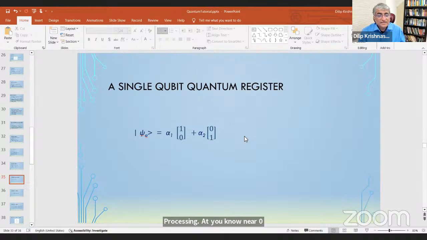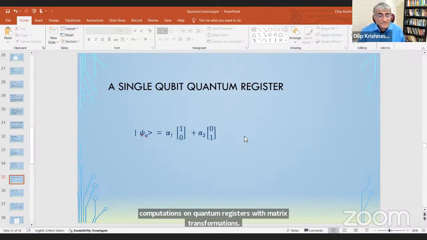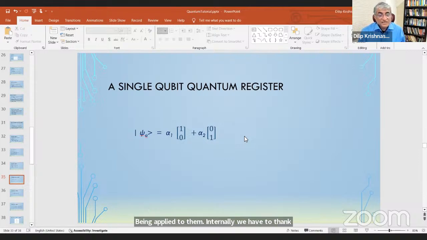Really super cool to know that. But it's all abstracted away in terms of just computations on quantum registers with matrix transformations being applied to them. Internally, we have to thank the physicists for helping us realize those computations. So now we come back to this qubit.